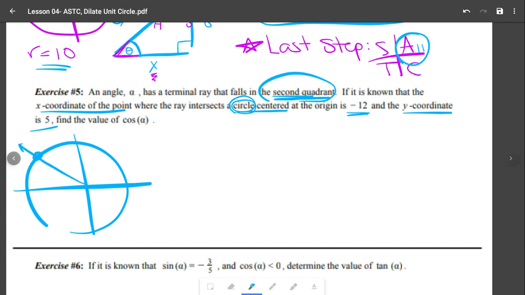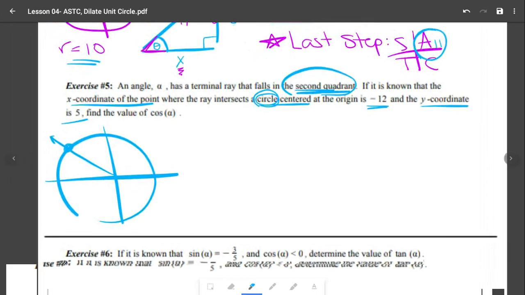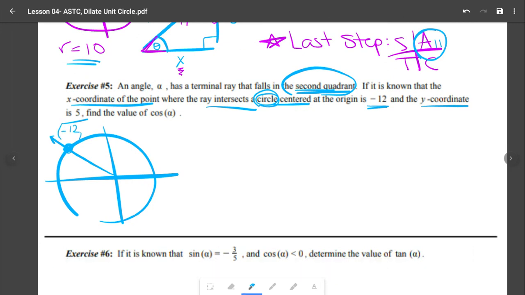So here's my terminal ray sitting in the second quadrant. And it says that the point where the ray intersects the circle, the x-coordinate is -12, and the y-coordinate is +5. Find the value of cosine.